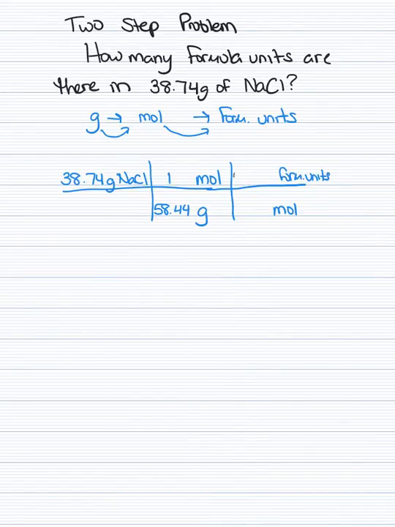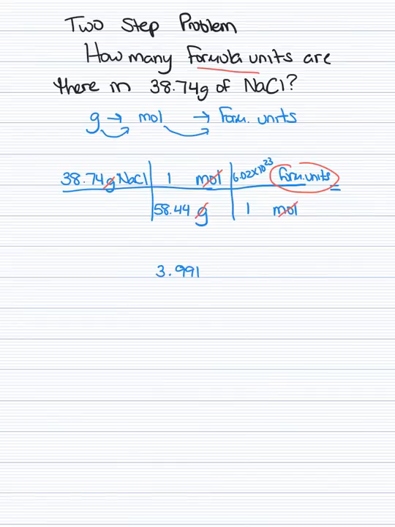And there would be 6.02 times 10 to the 23rd formula units in 1 mole of NaCl. At this point, grams would be canceled, moles would be canceled, and you would be left with formula units, which is what the problem is asking for. And when you do this, your final answer should be 3.991 times 10 to the 23rd formula units of NaCl.